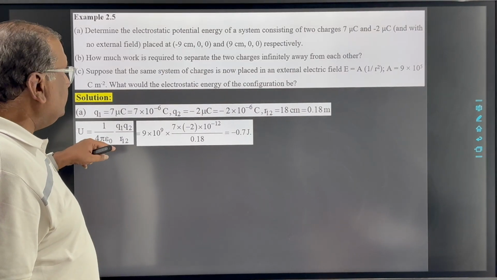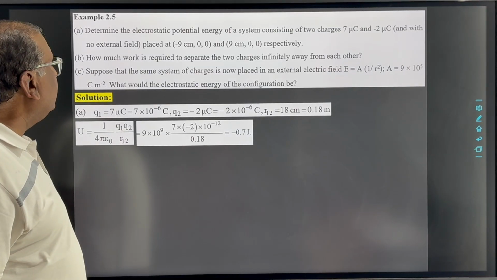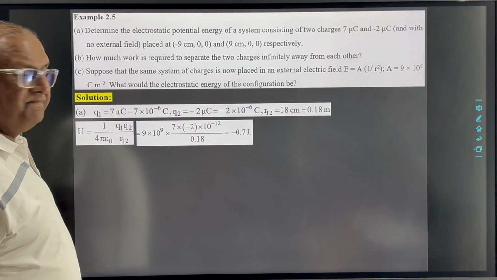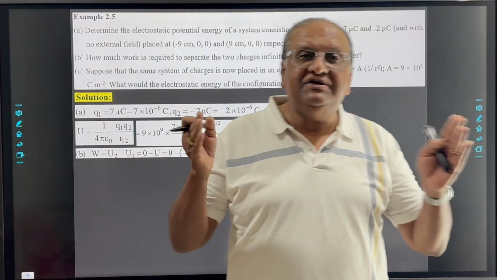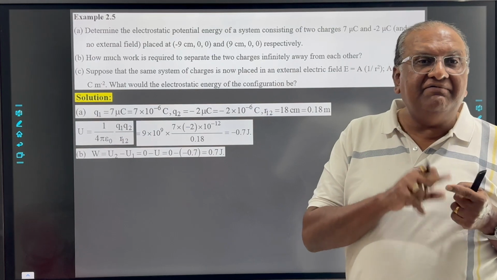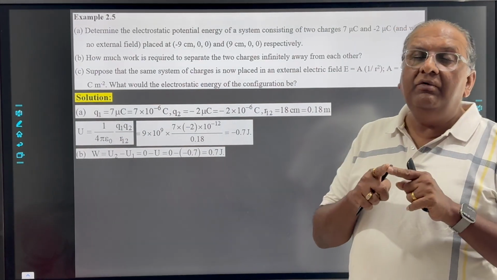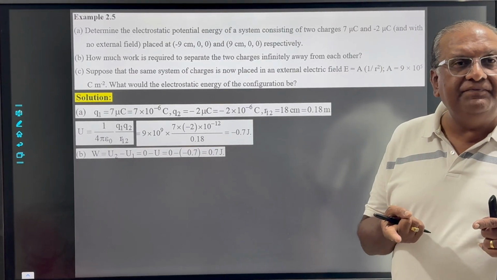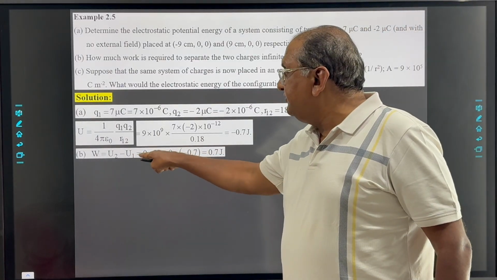Now second question here. How much work is required to separate the two charges infinitely away from each other? Now see here. If we separate these two charges infinitely away from each other, then the work done is the change in potential energy. Now, change in potential energy, that is U final minus U initial. U final means U2, initial means U1.